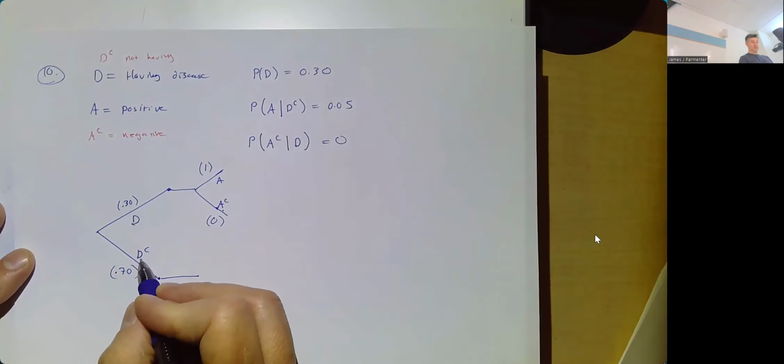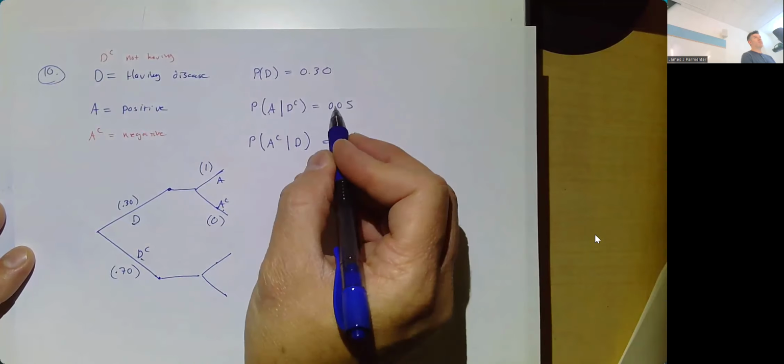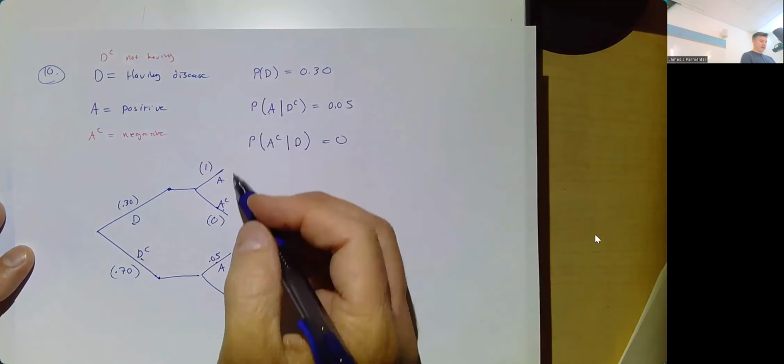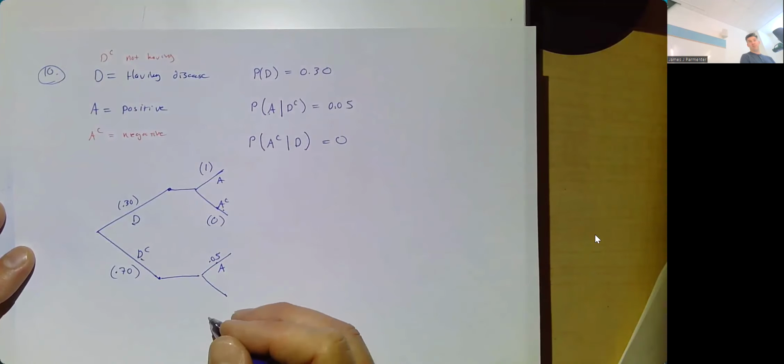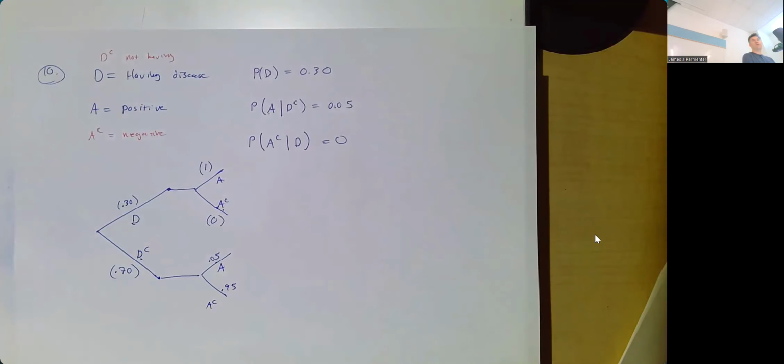Given that you don't have the disease, what's the probability of testing positive? Oh, that's 0.05. What's the probability of testing negative? Well, it's whatever's left over, which is 0.95. Cool. So now we're going to try and answer the question.